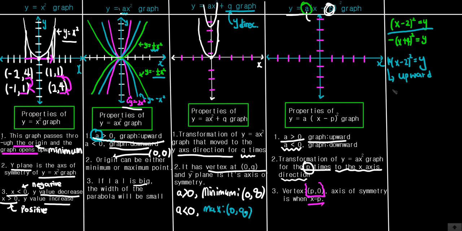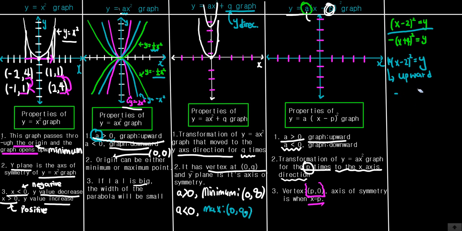Also, even if we input a negative value, let's just input negative 1, negative 1 minus 2 turns to negative 3, squared is positive 9, which means even though we input a negative value, it turns into positive.